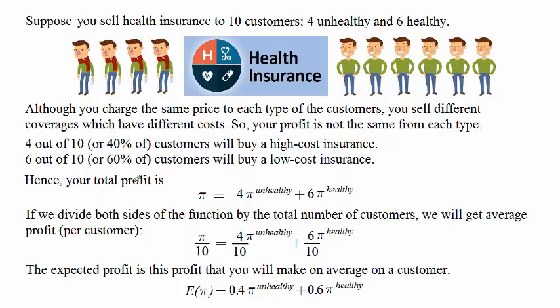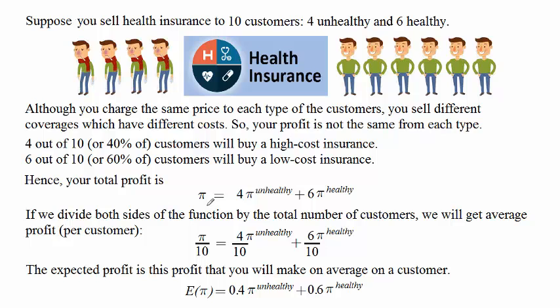Now your total profit will be the profit from one unhealthy individual, since we have 4 of them we multiply by 4, plus the profit of one healthy individual multiplied by 6, since we have 6 of them, and that is going to be our total profit pie.